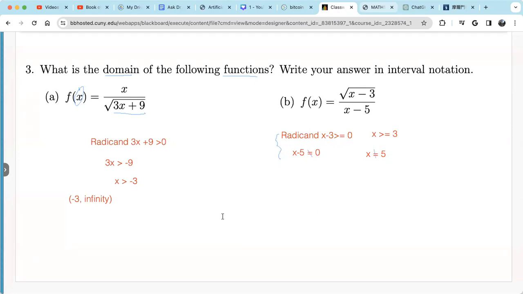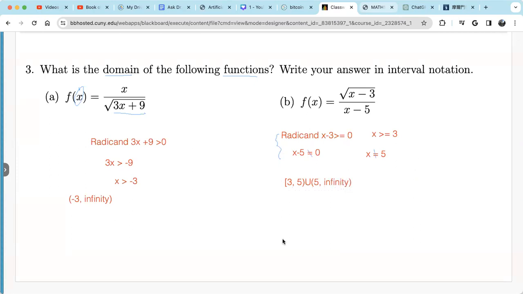So combine those two. Let's use interval notation. We start from 3 with a bracket because 3 is in the solution set, so 3 comma up to 5, but not including 5. We use the union notation to get rid of 5, then up to infinity.